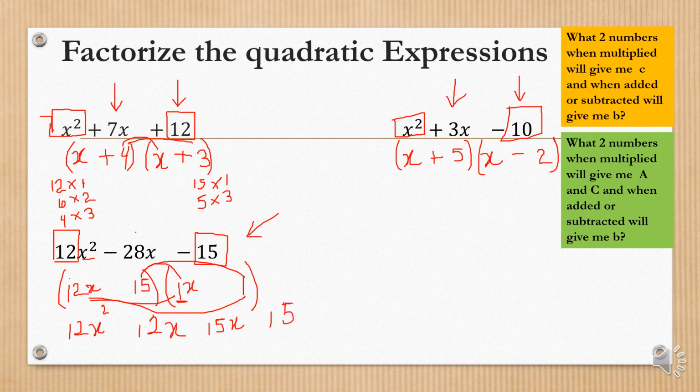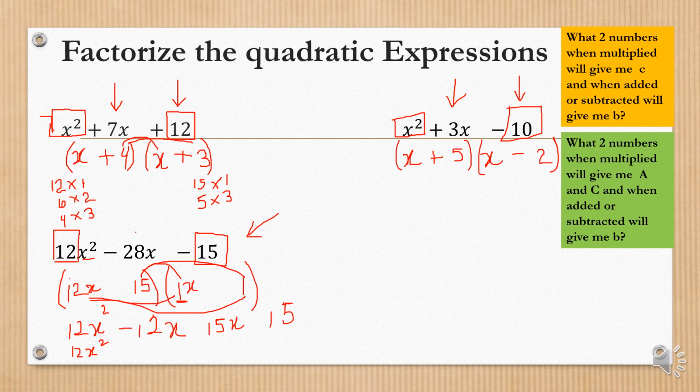So as I can see, let's group our terms. My term in x squared is 12x squared. How many x's do I want to get? Minus 28x. So could I do anything to 12 and 15 to give me 28? No. If I add 12 and 15, I'm actually getting 27.